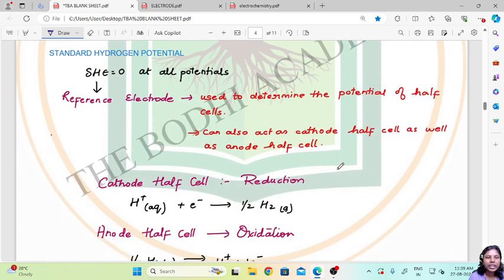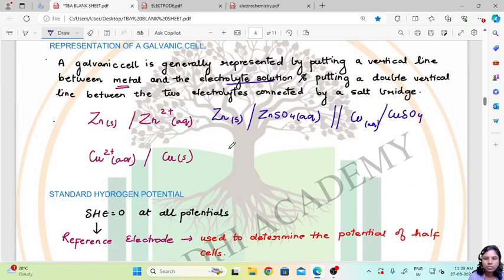Now next let's talk about something known as the standard hydrogen potential. What does the standard hydrogen potential mean? One correction here: you write it as CuSO4.